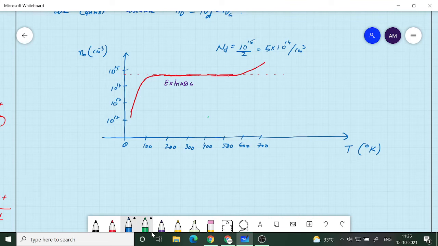I can also show the change in Ni. At room temperature 300 it was 10 raised to 10, somewhere here. At 400 it may be something like 10 raised to 12, and Ni will increase like this. And it is this Ni that is making this change in N0.